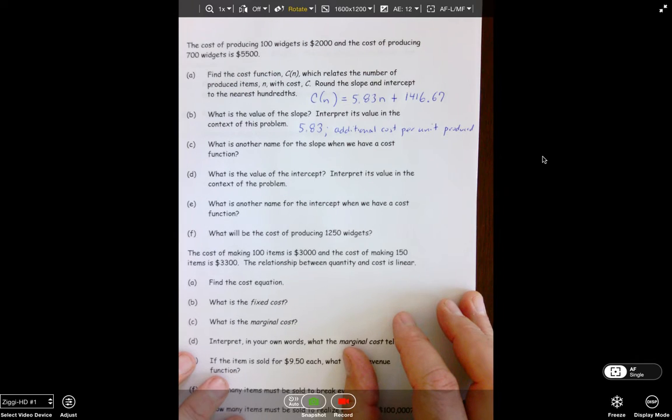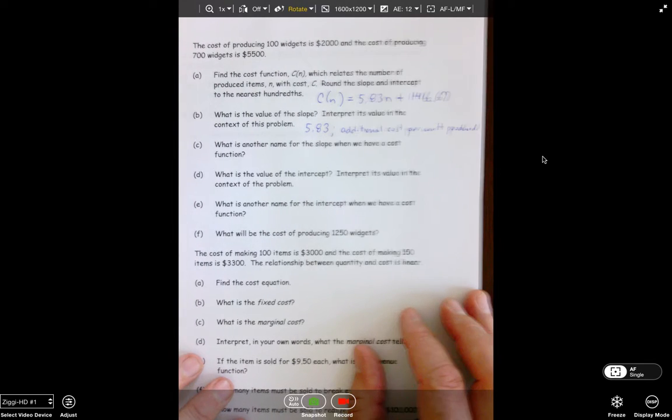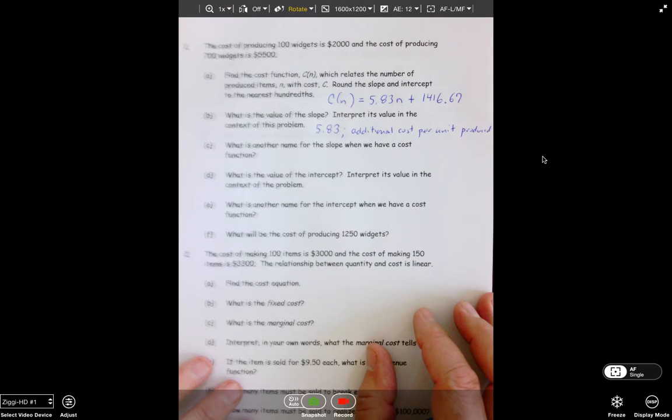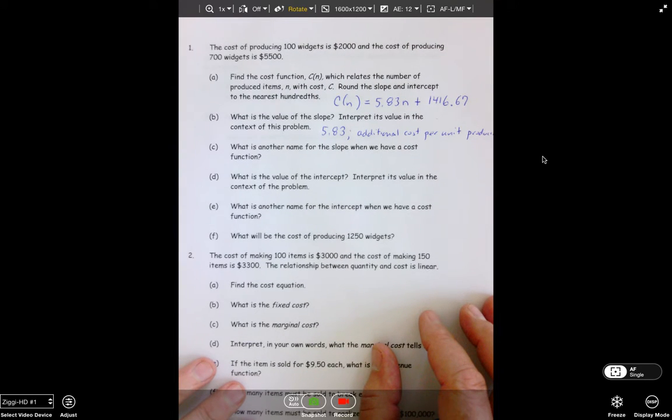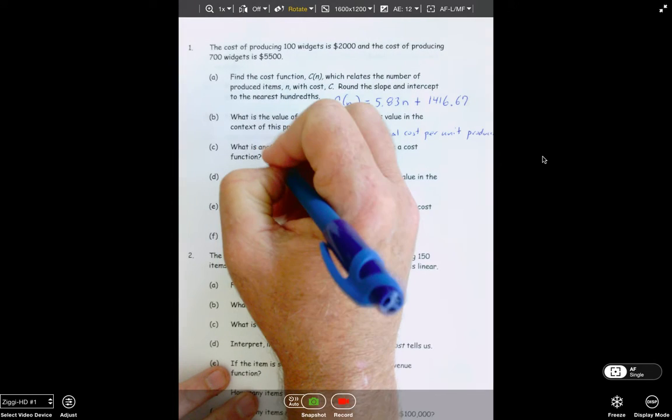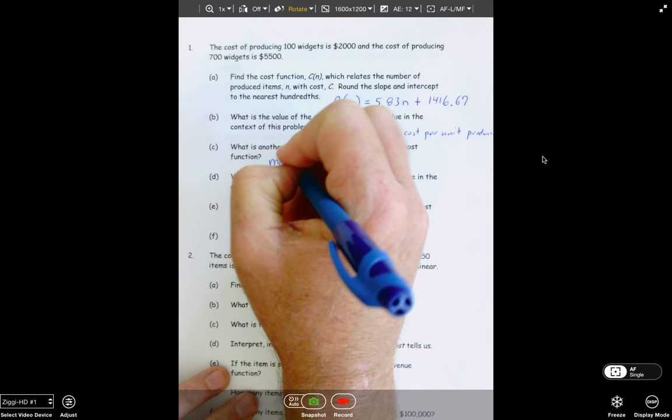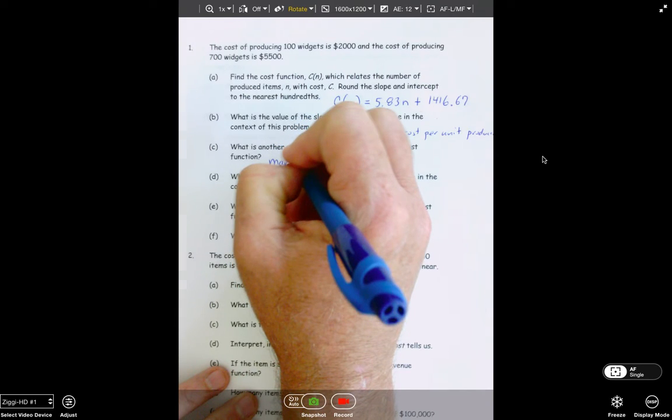Now, next thing is what is another name for the slope when we have a cost function? Well, guys, we got two things. We can call this the marginal cost or variable cost.